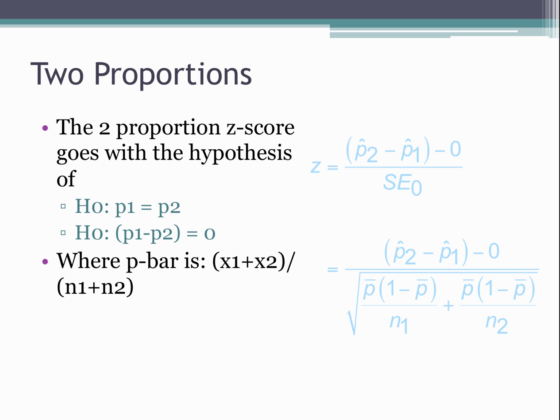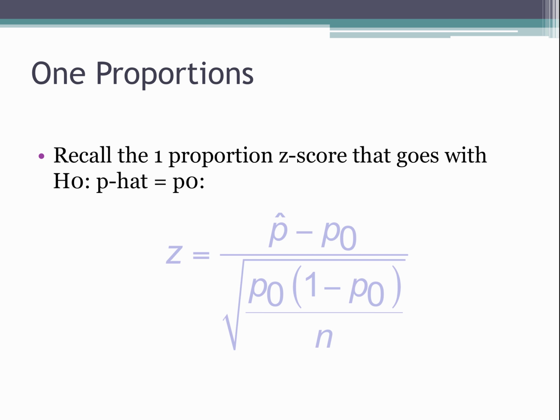For two proportions, it's not that different. Instead of directly comparing P1 and P2, we'll take the difference of P1 and P2 and compare that to 0. So this is exactly the same as your one sample z-score, where p naught is 0 and p hat now is the difference between our two proportions.